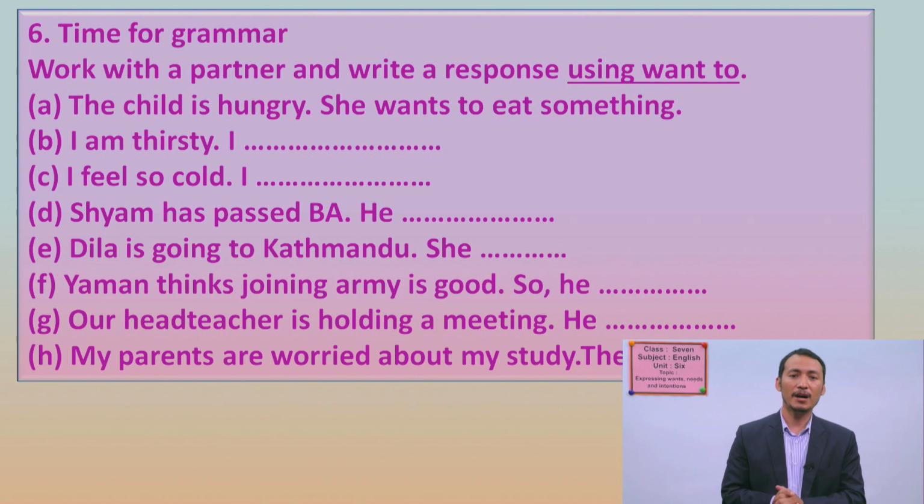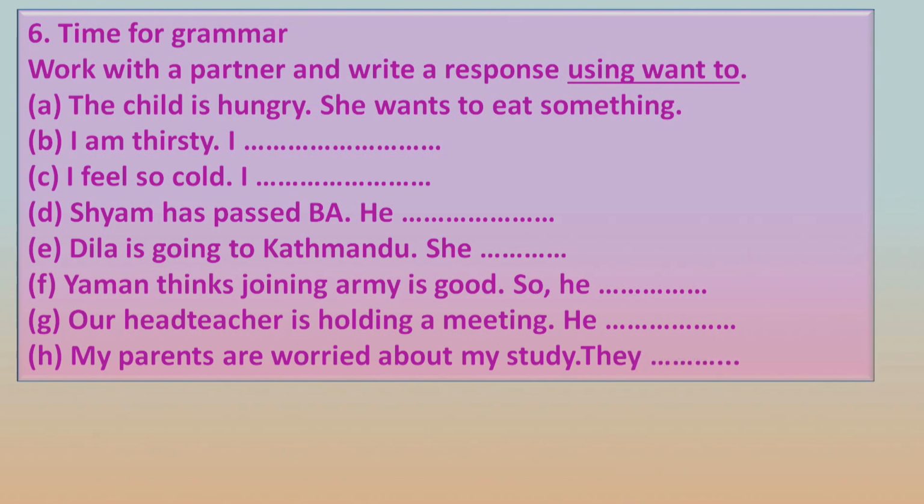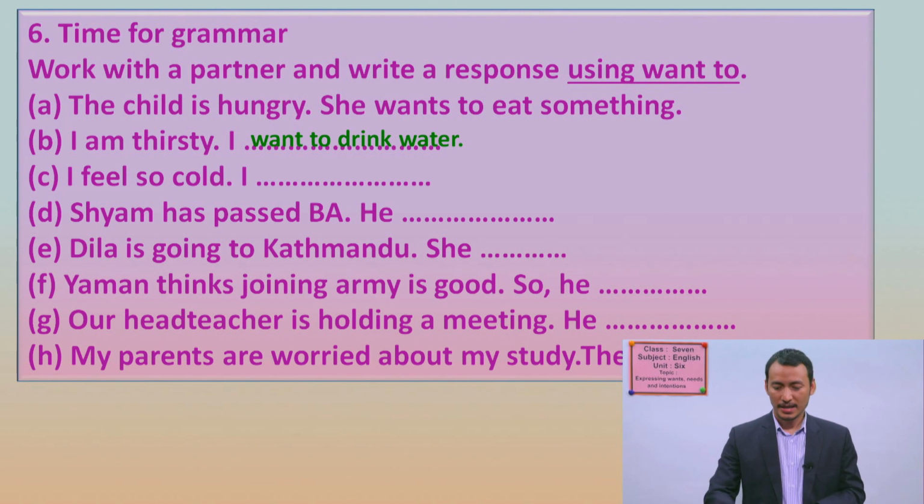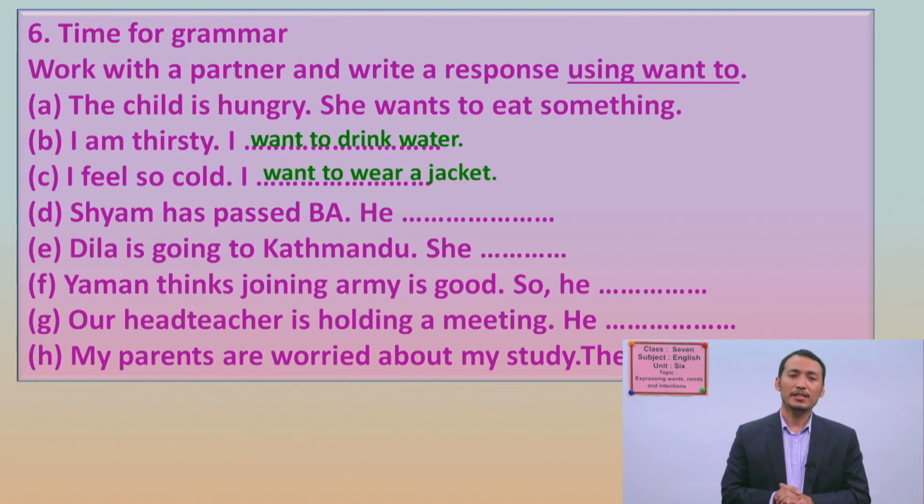Now, my parents are worried about my study. And what are they going to do? What are they intending or what do they want to do? Now, let's have a look at the answers, how you can complete these. I'll show you some examples. When you are thirsty, you can say, I want to drink water. And when you feel cold, you can say, I want to wear a jacket.